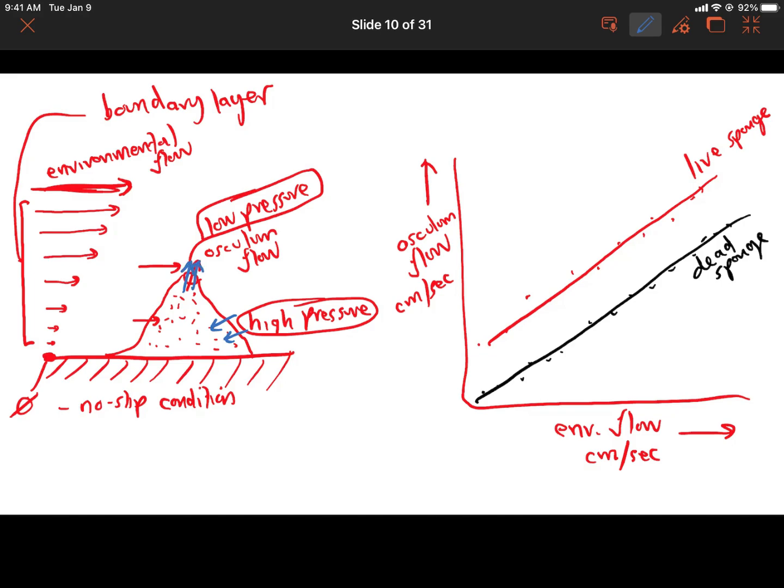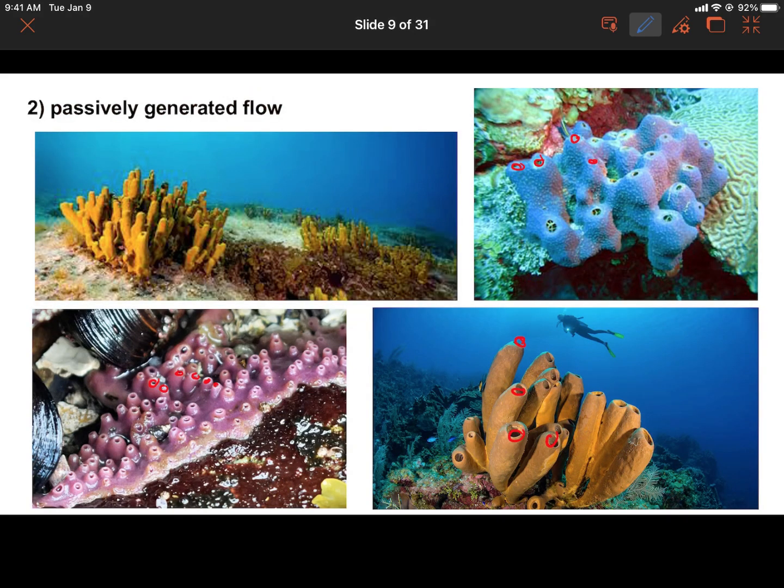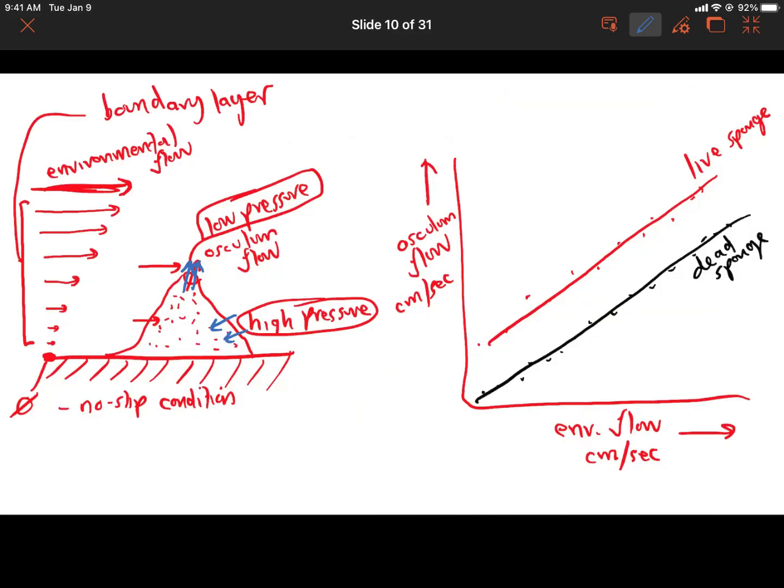So you can take a dead sponge and put it in an environmental flow, a water current, and as long as it's attached to a surface, there will be flow passively induced through that sponge. Okay, so they're not expending any energy to generate that flow. It's just driven by Bernoulli's principle, because they're in a flow gradient.